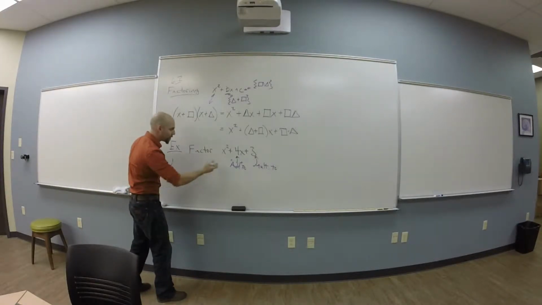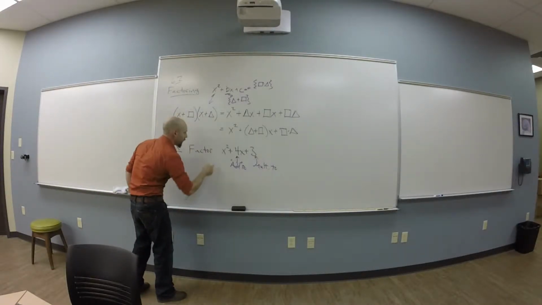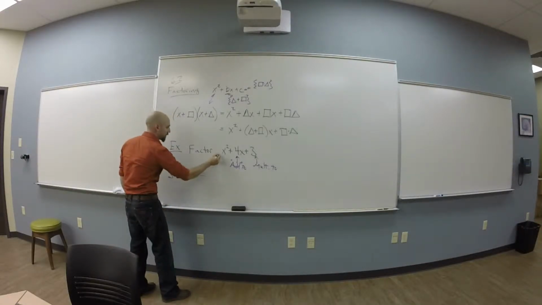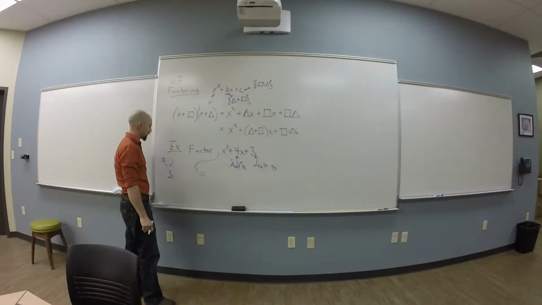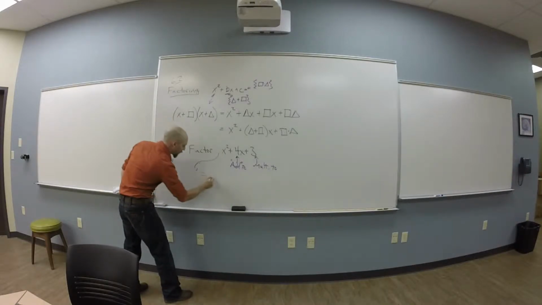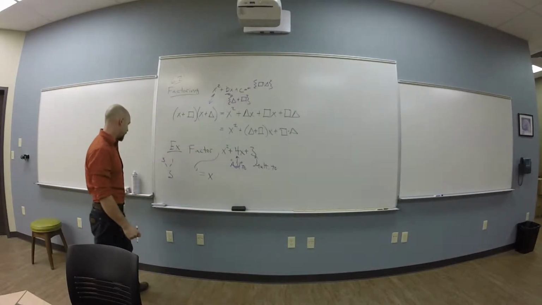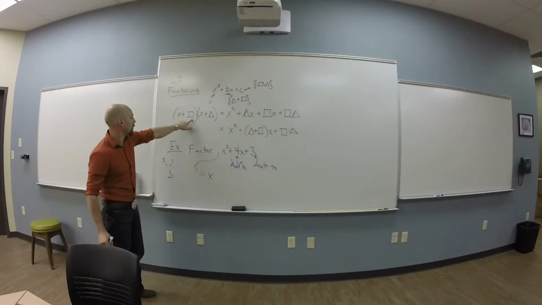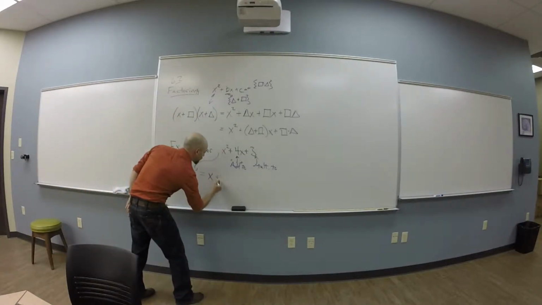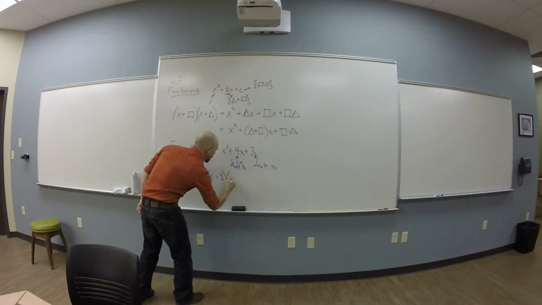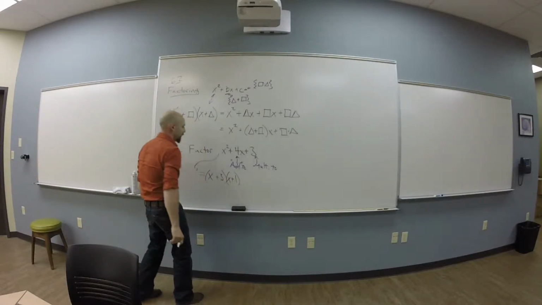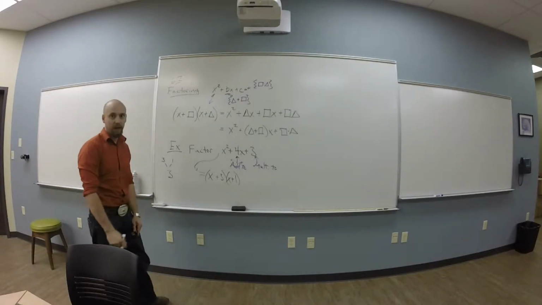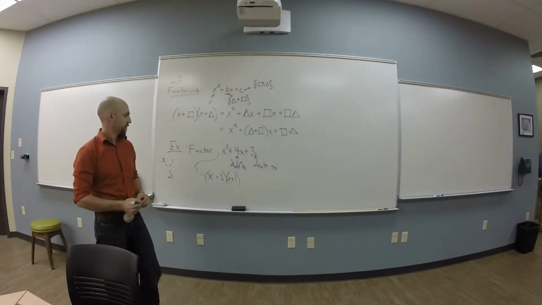So my answer is, I found 3 and 1, so I do x plus and x plus: x plus 3 times x plus 1. Then I should FOIL this back out to check and make sure I get the right thing.